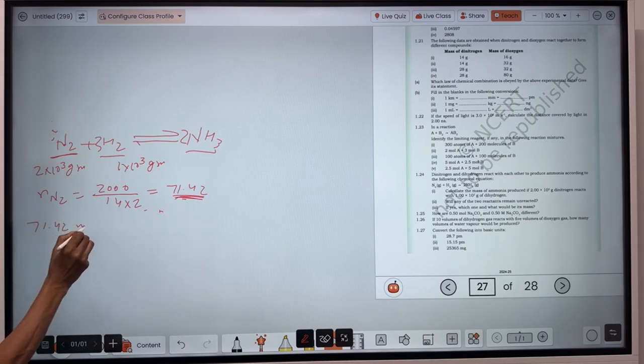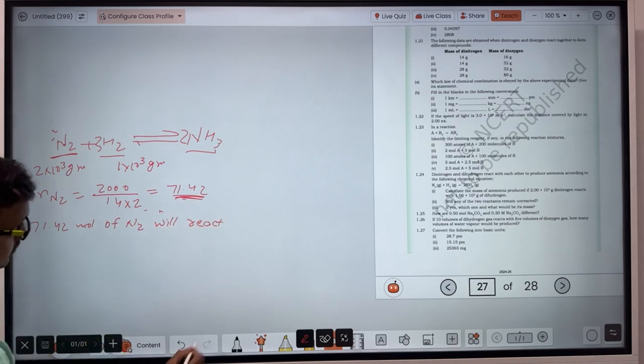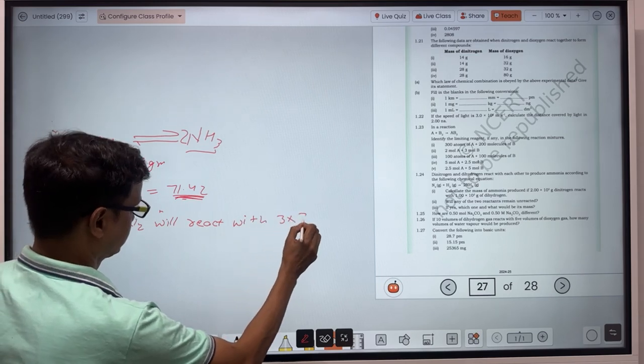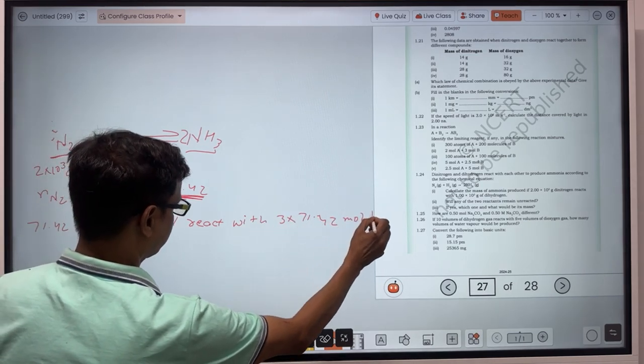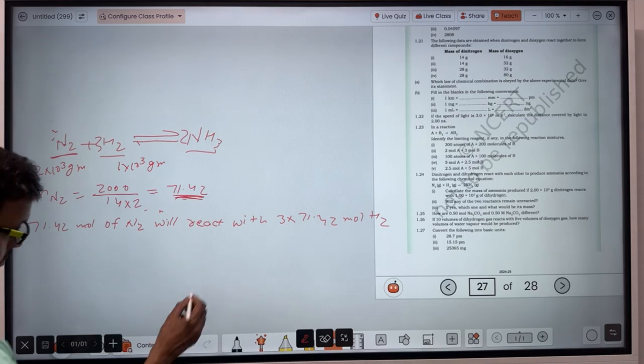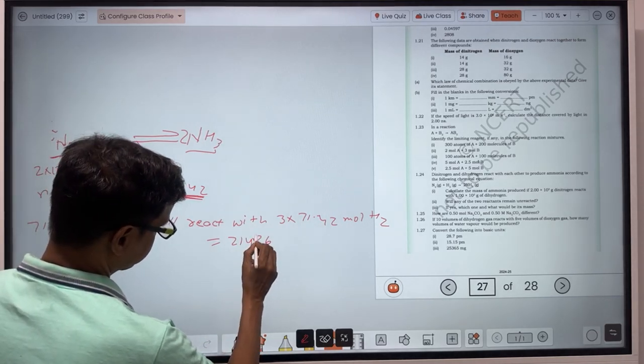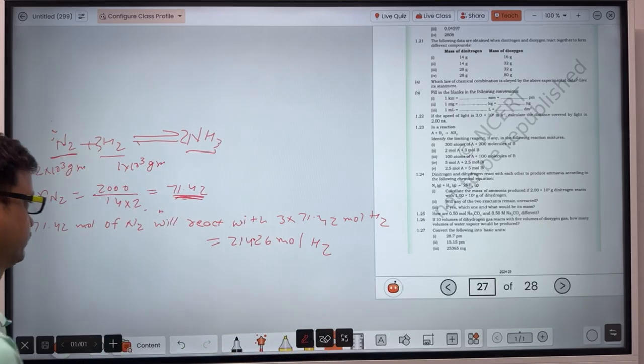Calculate 3 into 71.42. That is 214.26. That many moles of hydrogen are required.